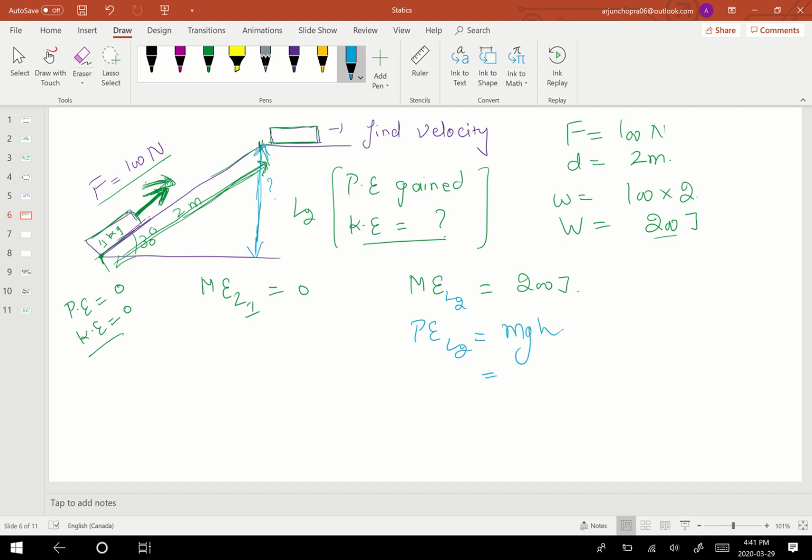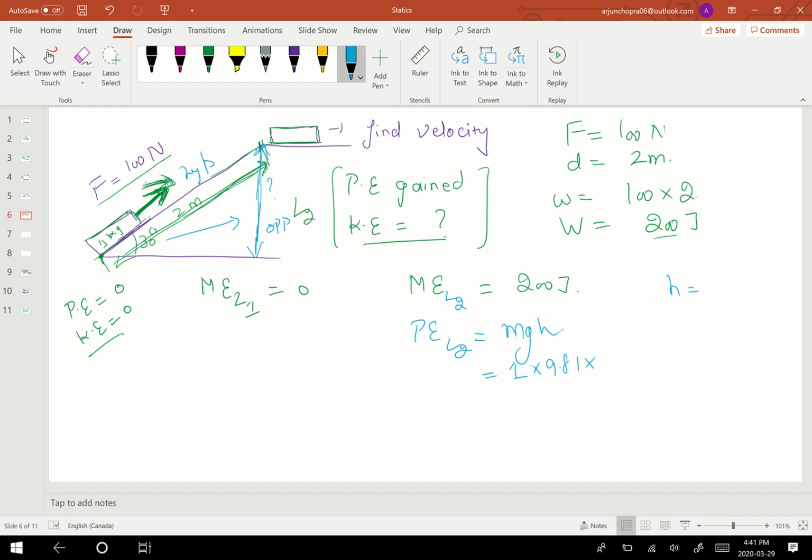So mgh means it is 1 kg times 9.81 times the height gained. I don't know this value. How can I find the height? I will apply SOHCAHTOA. I can say this angle is 30 degrees, so this becomes the opposite side and this becomes the hypotenuse.